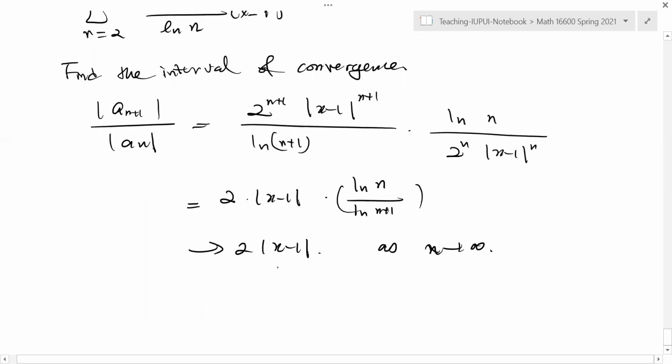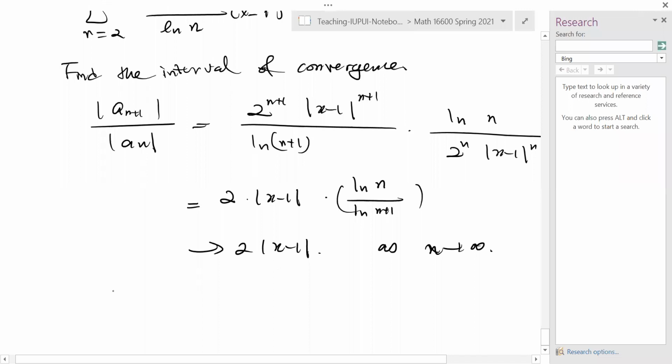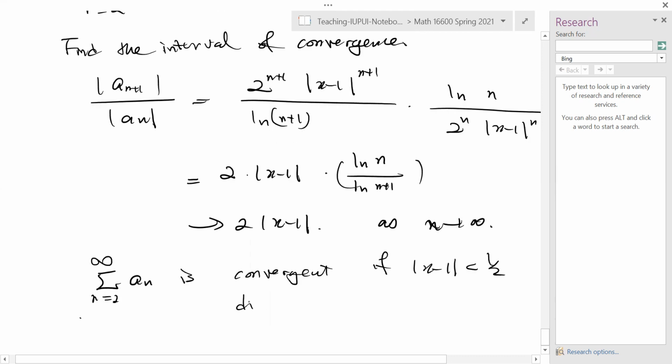So now clearly this series, with n starting from 2, is convergent if absolute value of x minus 1 is less than 1/2, and divergent if this is greater than 1/2.